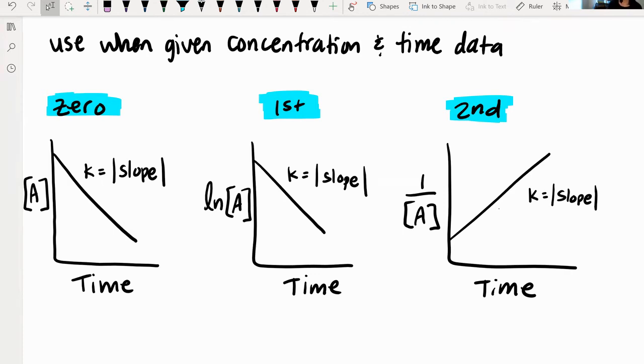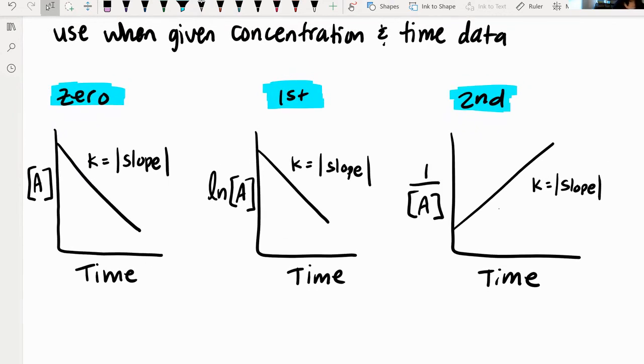Now, these lines have equations to them. What's the generic equation of a line that you learn in algebra? Y equals... Yeah, that's right. Y equals mx plus b. Y'all got it. So that's exactly what we're going to do here. I'm going to write out y equals mx plus b. That's the equation of our line.